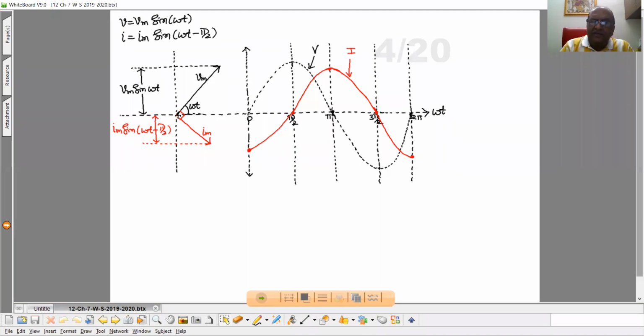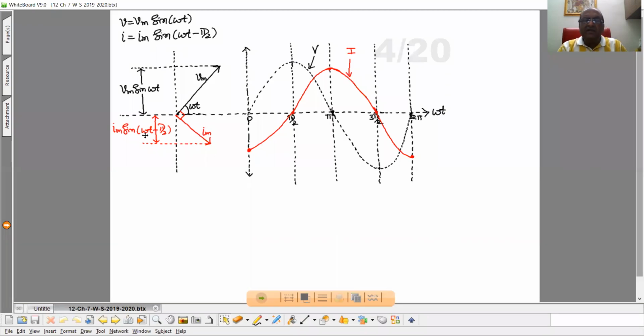So here in fourth quadrant it is represented. Clear? Now the angle made by Im with x-axis is omega t minus pi by 2. Now if you take the projection of this one on y-axis, you will get Im sin omega t minus pi by 2. So that is your current at any instant t.